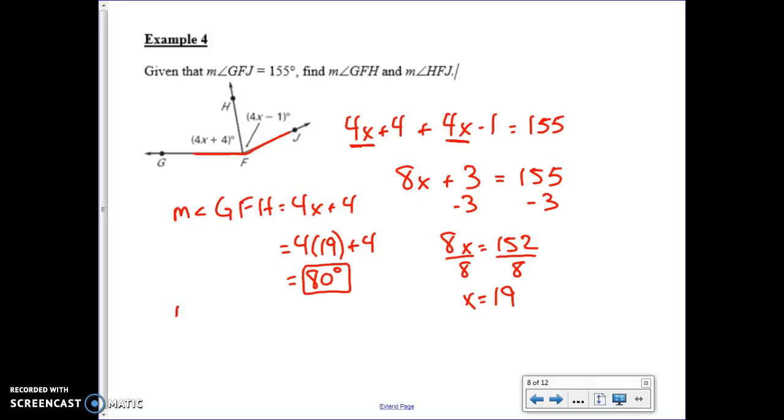We also need to find the measure of angle HFJ, which was 4x minus 1. So 4 times 19 minus 1 is 75 degrees. You add those up, they should give you that total of 155 degrees.